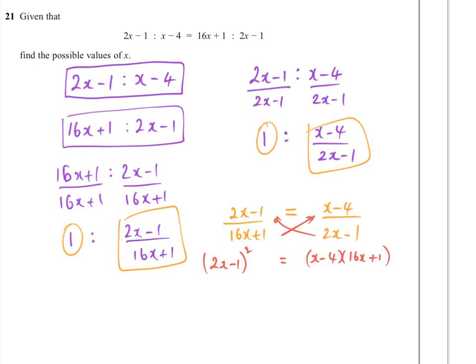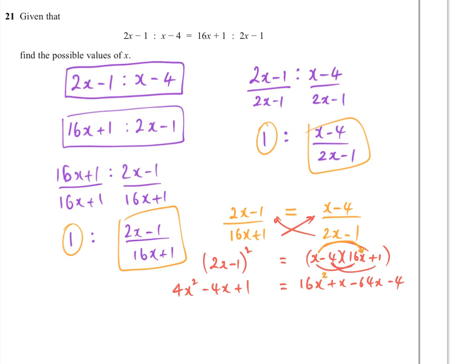That's what we have. Multiply this out, so we'll have 4x squared minus 4x plus 1, and then multiply these out, we'll have 16x squared plus x minus 64x minus 4. Now, just checking my work again, I can see a mistake. X times 16x is 16x squared.